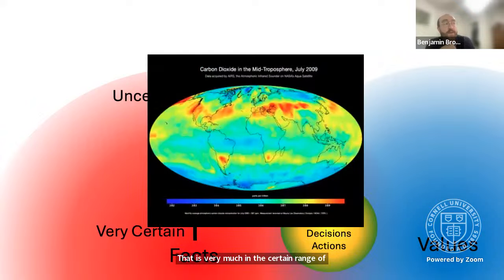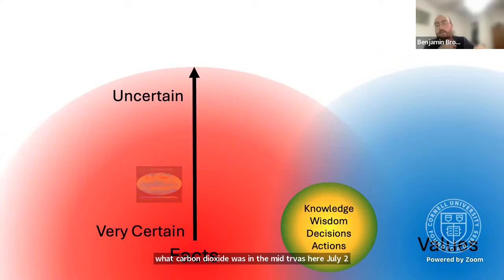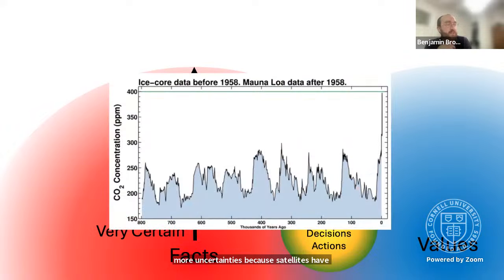This is an example of carbon dioxide in the mid-troposphere in July of 2009. A very specific thing, but we did have satellites running then. So we have a pretty good idea of what carbon dioxide was in the mid-troposphere in July 2009. It's towards a certain range. There's more uncertainty because satellites have imperfections and uncertainties, and it was just one slice, one observation, so relatively certain.